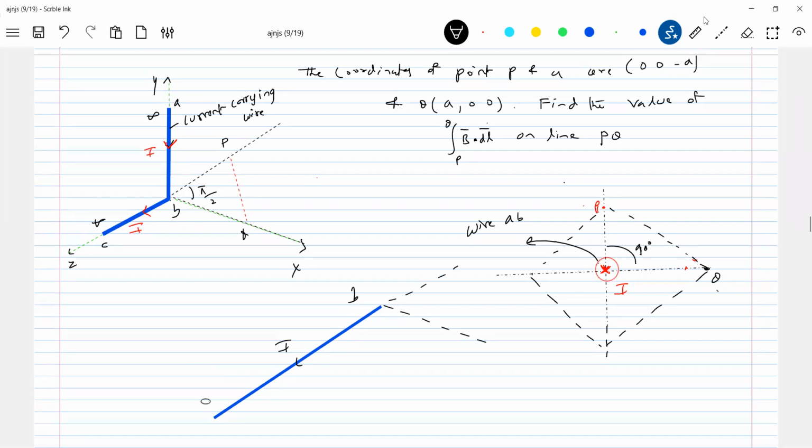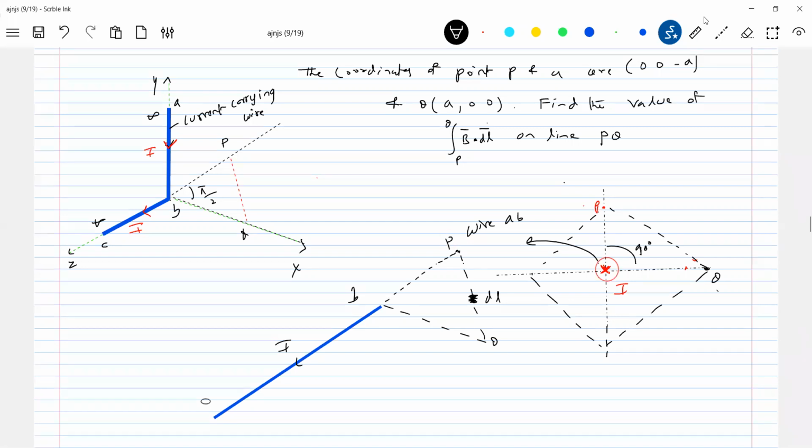Somewhere you choose dl here. Due to this wire, why is there no B dot dl? Because this wire lies tangential to the plane of the loop.